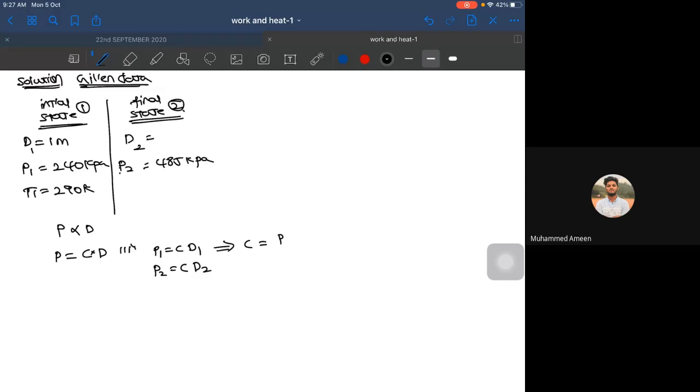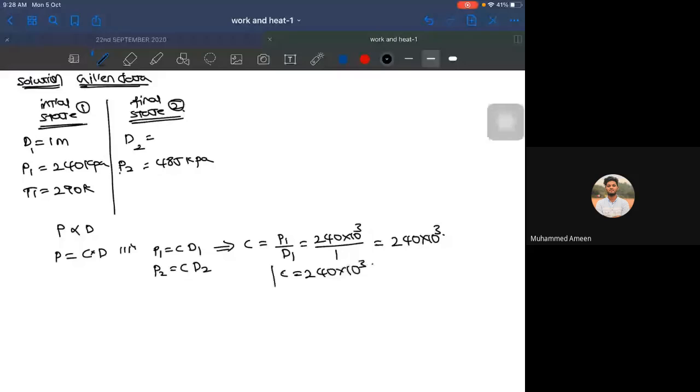I know the value of P1 and D1. So P1 is how much? 240 kPa. K in the sense it is kilo, so 10 to the power of 3 pascals divided by 1 meter. So C is equal to 240 into 10 to the power of 3. Okay, that is the value of the constant.